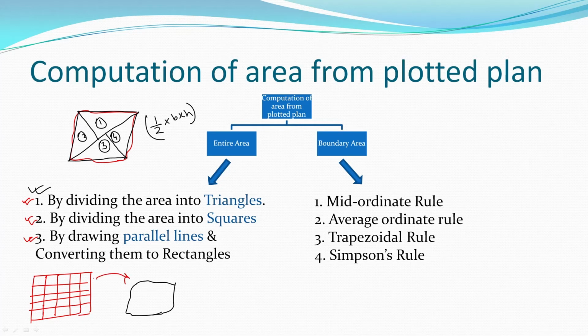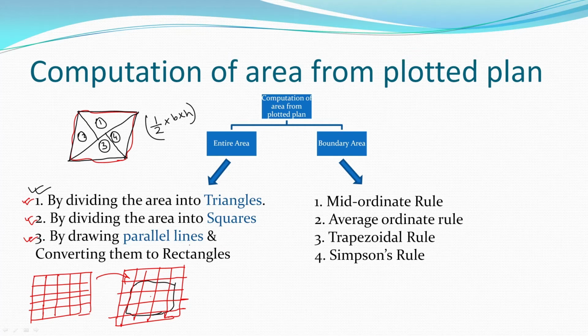The tracing paper is placed over the plan and the number of full squares are counted. Suppose I am placing this paper over the plan, so the number of squares inside the area is counted, and the total area is then calculated by multiplying the number of squares by the unit area of each square. So in this way we can determine the area by dividing it into several squares.